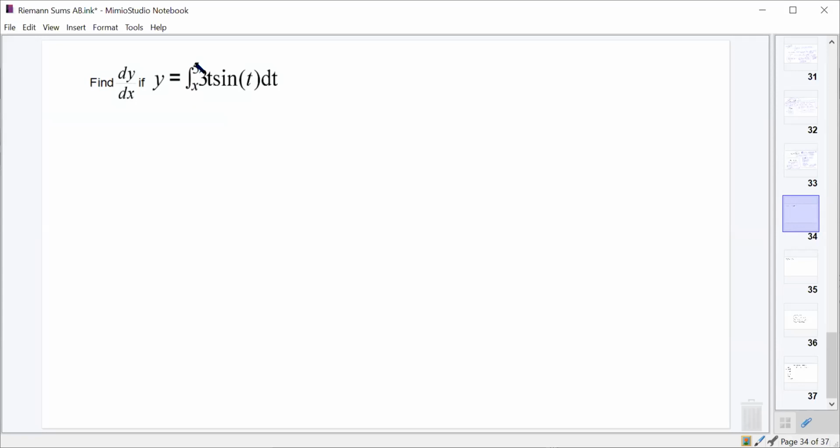So if we call capital F an antiderivative of 3t sine t, what does this end up being when we take the antiderivative of 3t sine t from x to 5? We do capital F of which thing first?